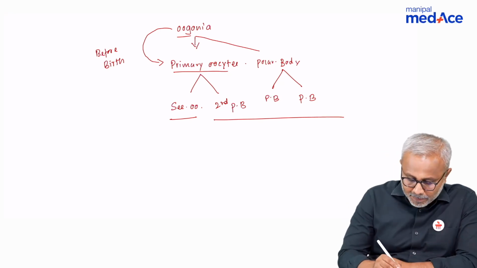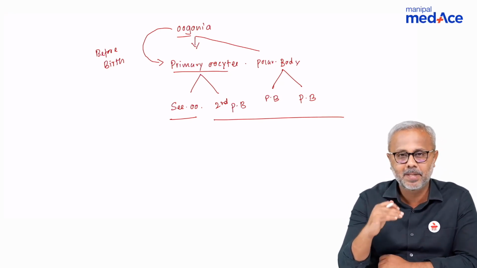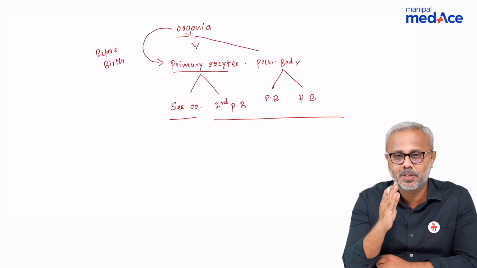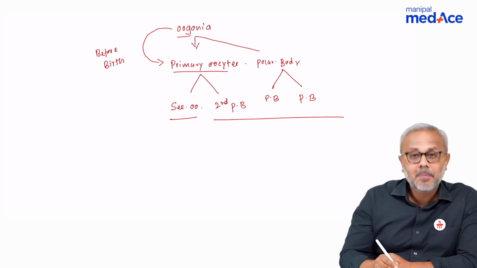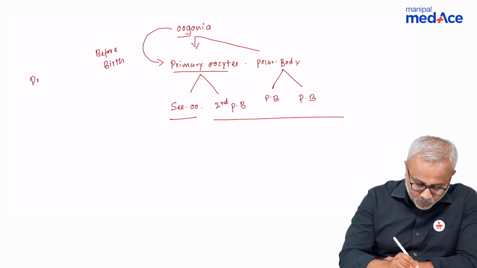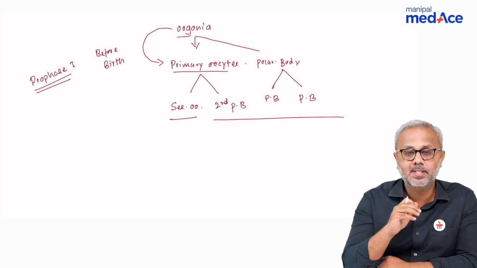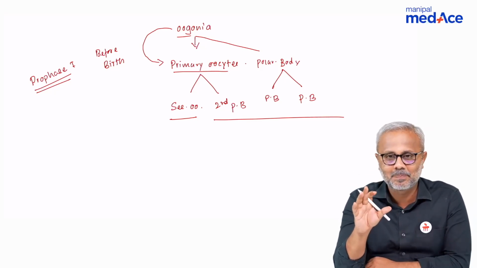Then the primary oocytes undergo the stage of meiosis. Now, as we know, meiosis is divided into meiosis 1 and meiosis 2. Now, in meiosis 1, there is a stage called prophase 1. So, the arrest of primary oocyte occurs in prophase 1 of meiosis 1.